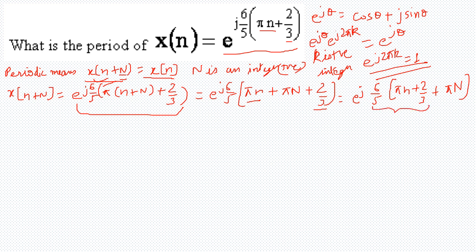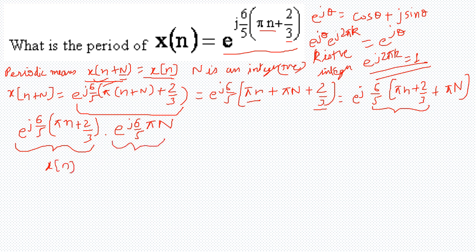So we can again write it like this: e^(j(6/5 πn + 2/3)) times e^(j(6/5)πN). Now see, this part is x[n], and this is the part which we want to make 1.